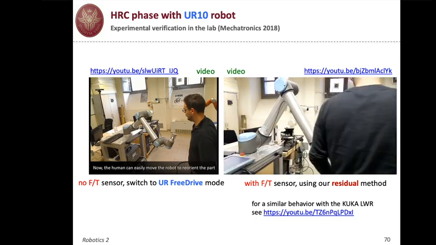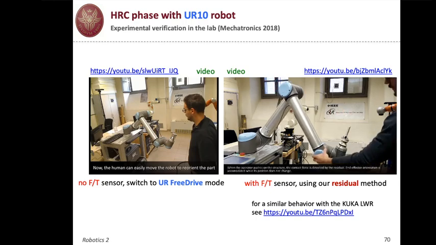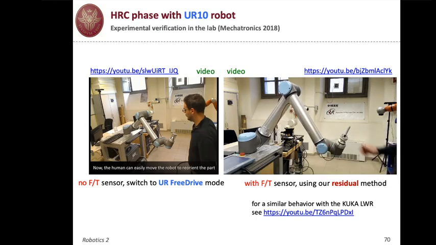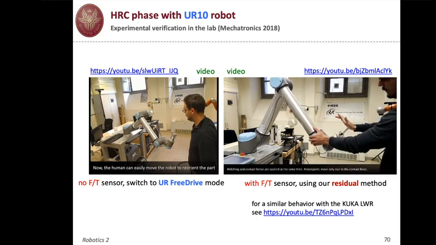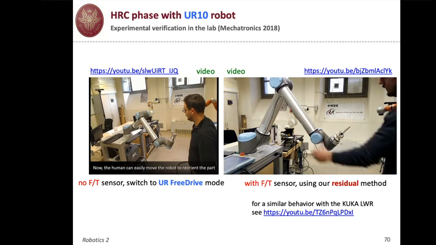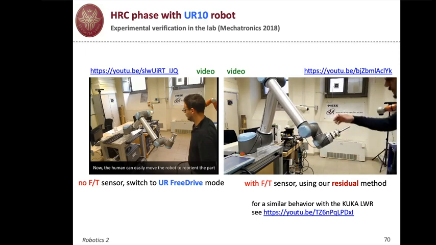So here we have put a tool. Now suppose that this is mimicking the polishing task. The robot does not move at all. However, you see that we can push around, the tip of the robot will not move, but the orientation has been changed. And of course, because you can distinguish things, you can apply a force intentionally reconfiguring, but while applying a polishing force at the end effector. And here you see that the robot has been brought in a different configuration and the operation continues as well.